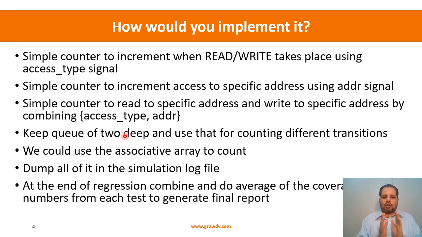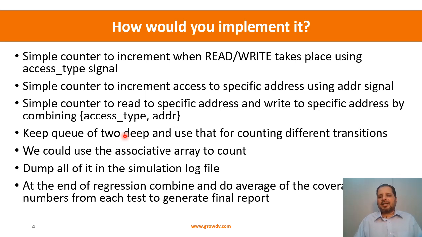At any given point of time, we have a window of 2 transactions, and looking at that window I can figure out the transitions: read followed by read, read followed by write, write followed by write, write followed by read. Those transitions I can keep track of and implement a count.